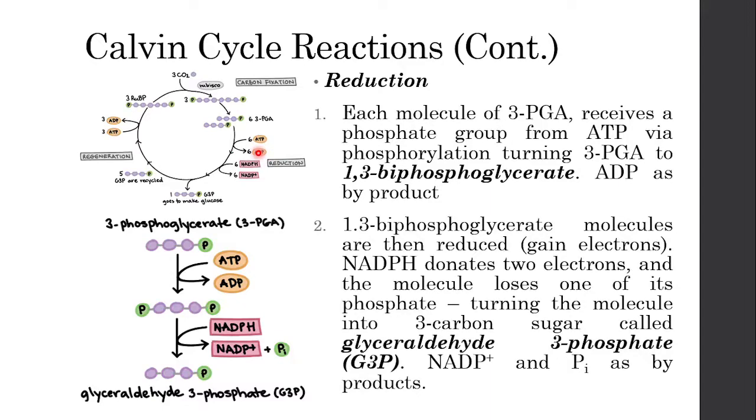And then the second stage of our reduction is we take this 1,3-biphosphoglycerate and then we reduce it. In chemistry, when we talk about being reduced, it means gaining an electron. If you are familiar with LEO goes GER: lose electron, oxidize; gain electron, reduced.